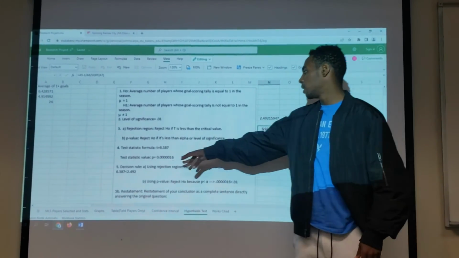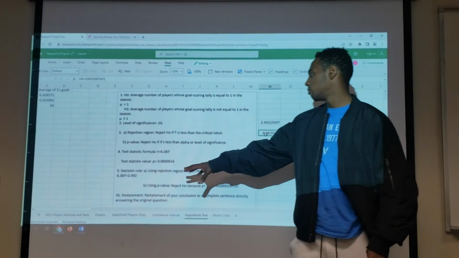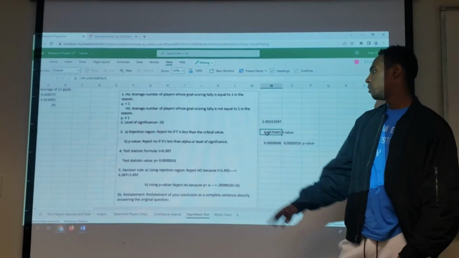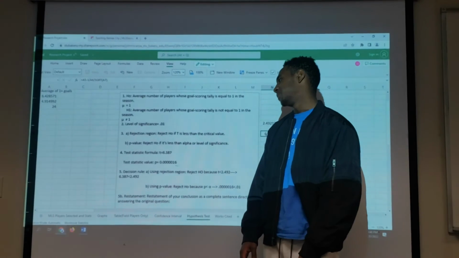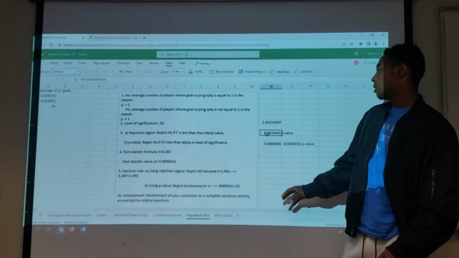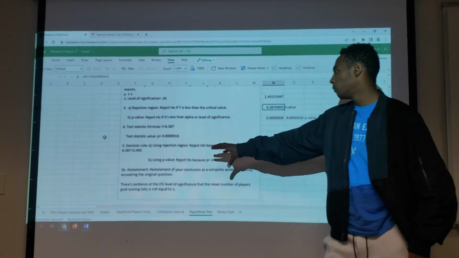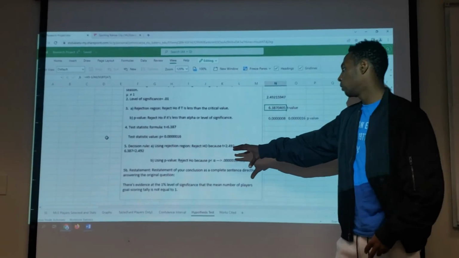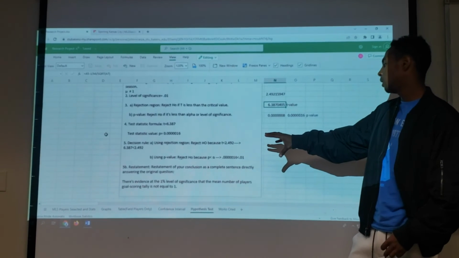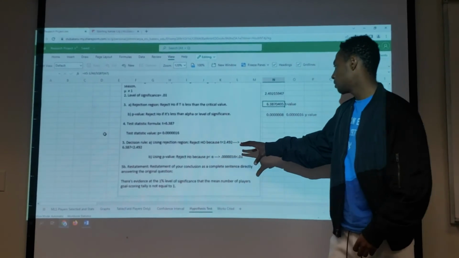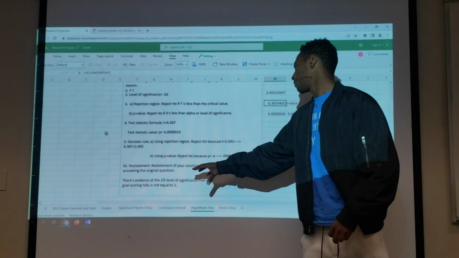Then we have the p-value, which is basically 0.000016. Next, we have to run our decision rule. While using the rejection region, we reject the null because the t-value is less than the critical value.